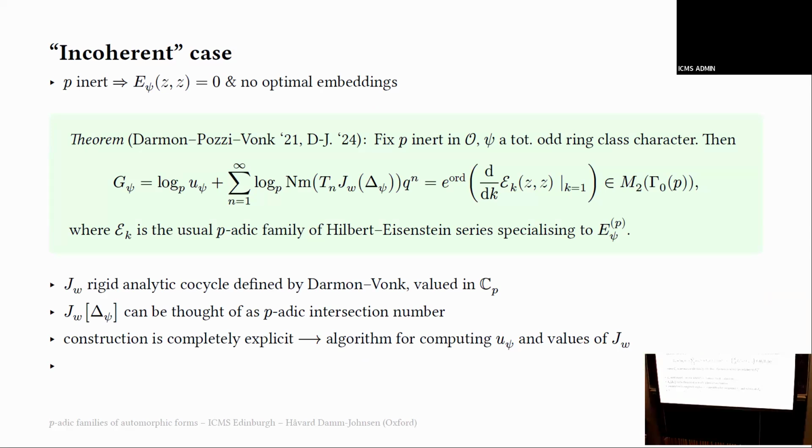So the point is that when P is inert, P-stabilization gives diagonal restriction, and so when you diagonally restrict you end up getting 0, and then when you P-stabilize, you still get 0. I'm not explaining this in a very good way.